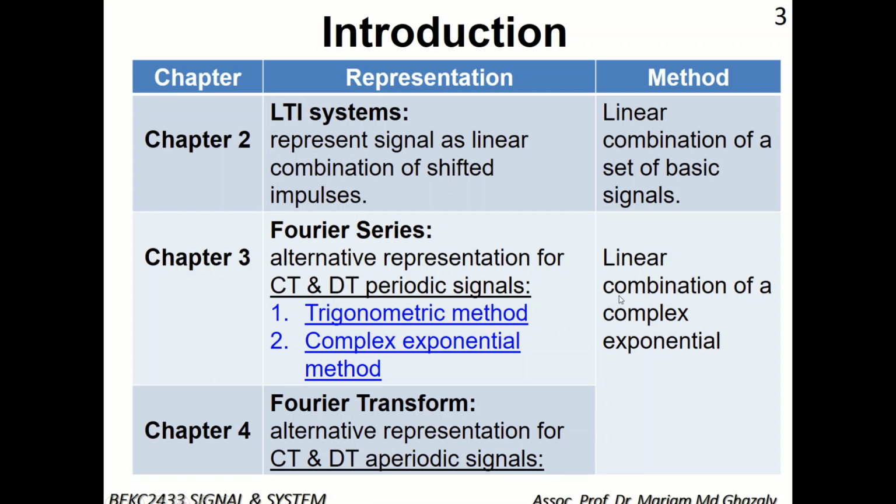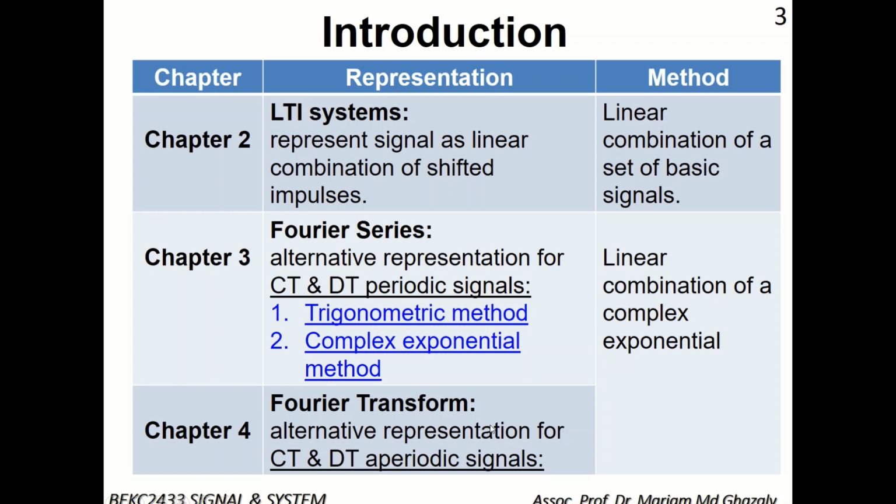Okay, so now for chapter 3 we are going to use Fourier series, which is an alternative representation for continuous time and discrete time periodic signals. First, you are going to use the trigonometric method, and second, the complex exponential method. In comparison, in chapter 4 you are going to learn to represent the signal using Fourier transform.